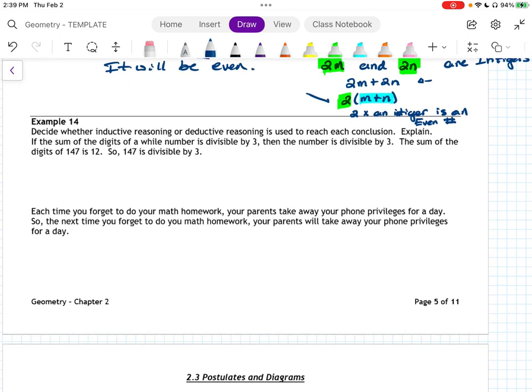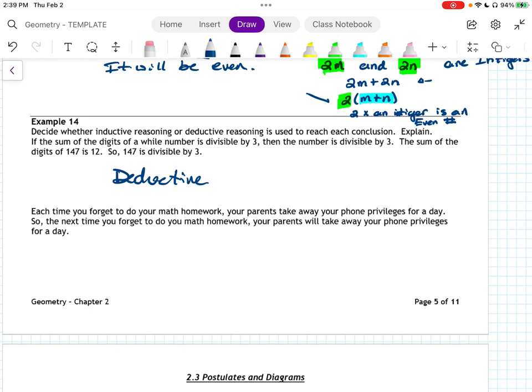Decide whether inductive reasoning or deductive reasoning is used for each statement. Then explain. If the sum of the digits of a whole number is divisible by 3, then the number is divisible by 3. The sum of the digits of 147 is 12. So 147 is divisible by 3. That is going to be deductive reasoning, because it used the laws of logic.